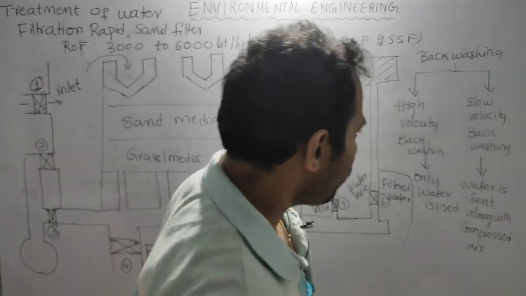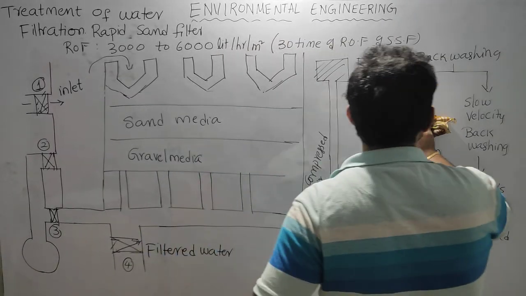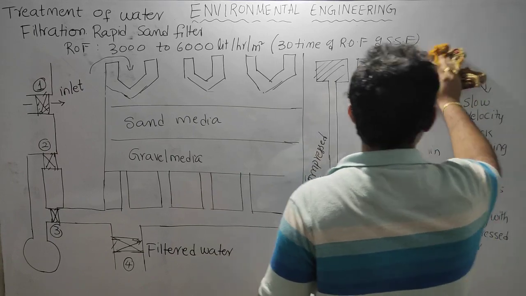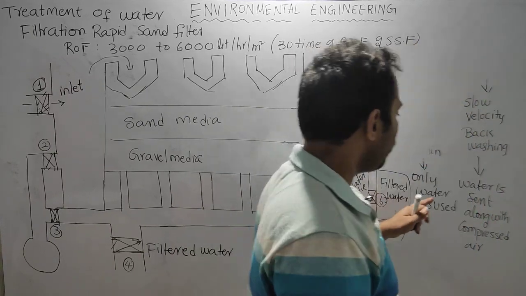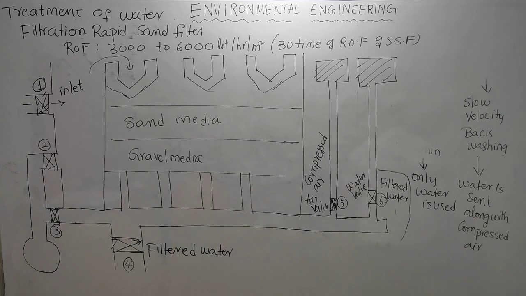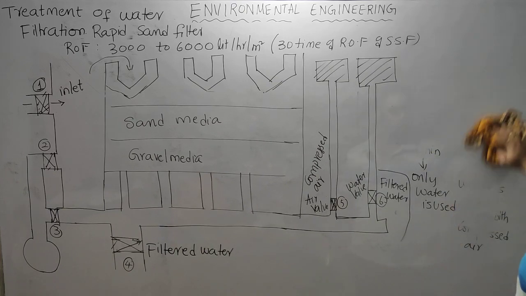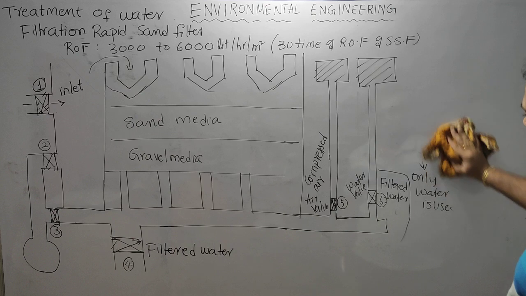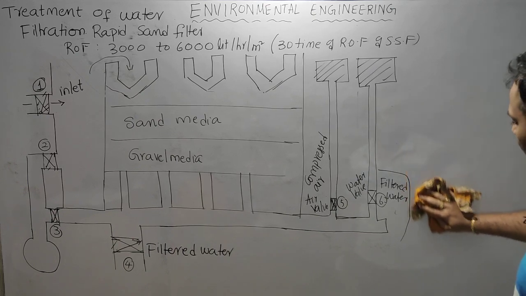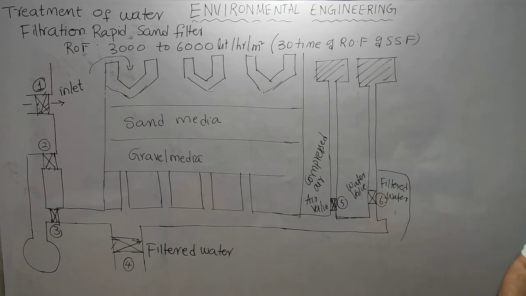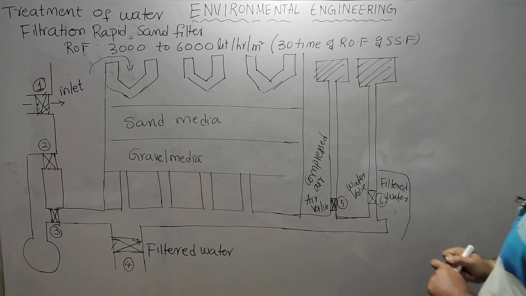Okay, so backwashing is of two types. In high velocity backwash we open only valve number 6. In slow velocity backwash, water is sent along with the compressed air, so that means we will open both 5 and 6.